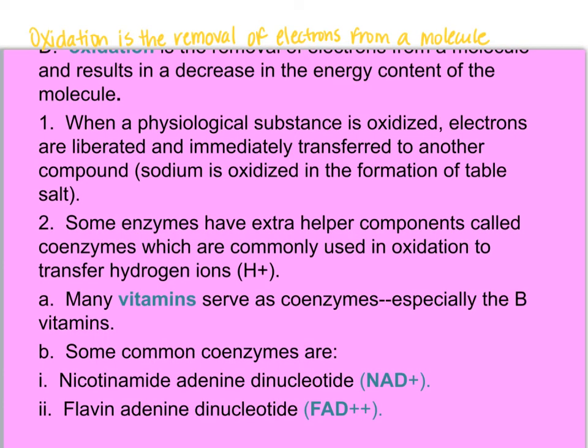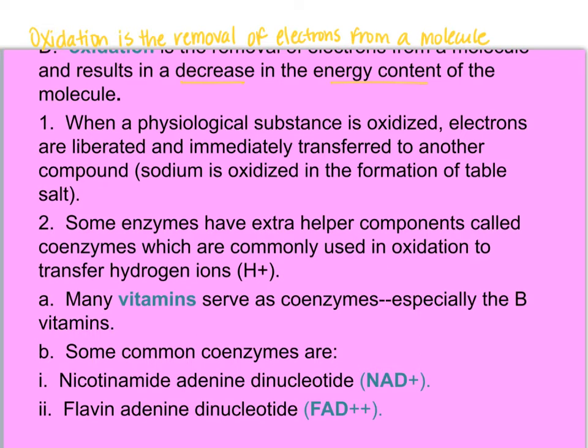Okay, so what it should say at the top here is that oxidation is the removal of electrons from a molecule, and this causes a decrease in the energy content of that molecule. As you remove electrons, you're removing energy. Okay, so when something is oxidized, electrons are basically transferred to something else.